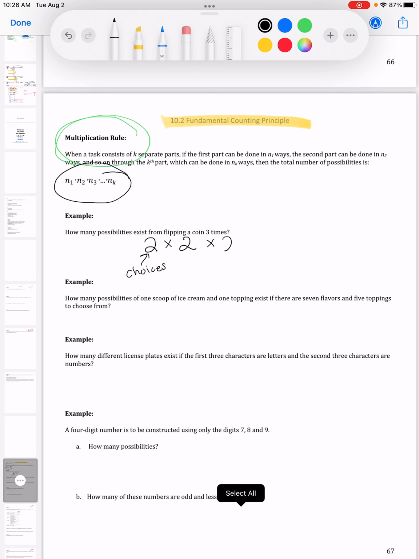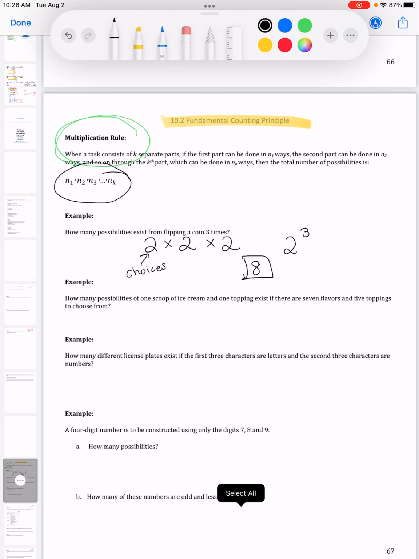And then the third time, there are 2 choices. Notice that I did not include a 3 in the problem. The 3 tells me how many times I'm multiplying. Some people really want to see the 3. You could write this as 2 cubed. Those are going to be the same thing. They're both going to give you the answer of 8, which is the answer for this problem, and we've actually seen that before.